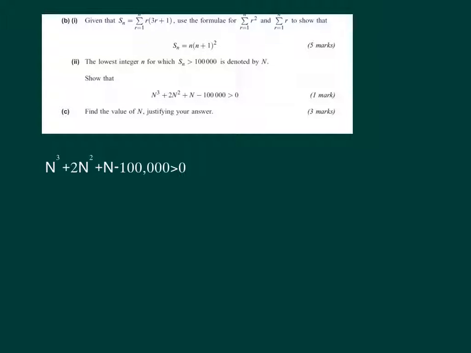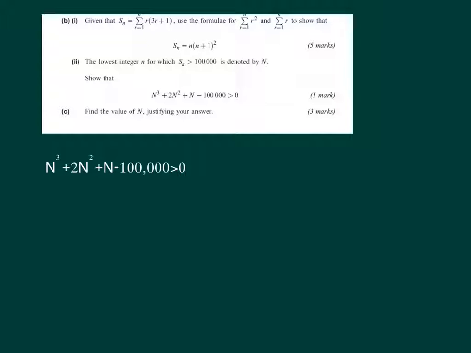So what the final part's asking us to do is find that lowest integer for n, that when we sub it into here we get it greater than 0. And it's not that obvious because we've got this minus 100,000. It's not like a polynomials question where we can guess an initial root, sub it in and solve it.